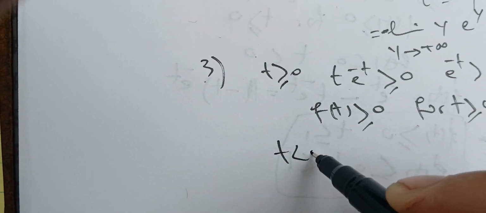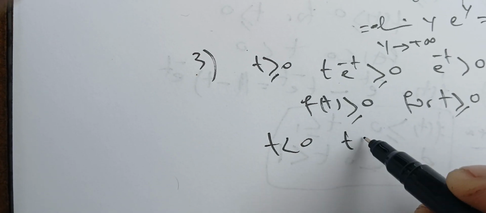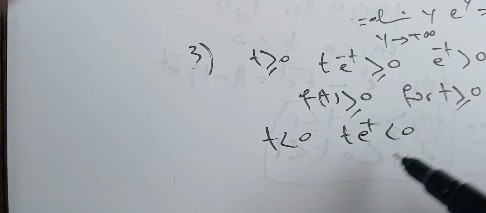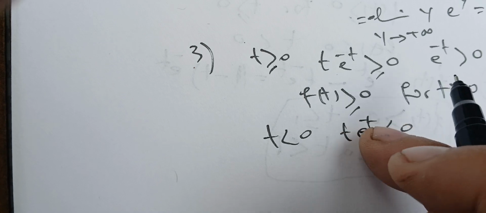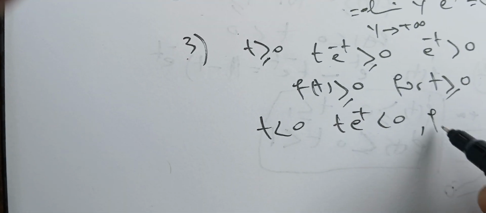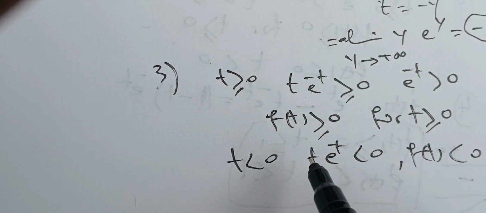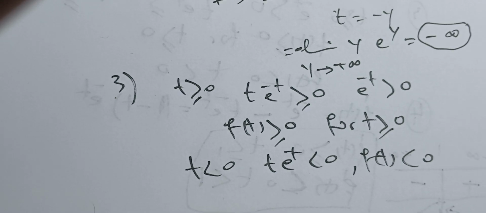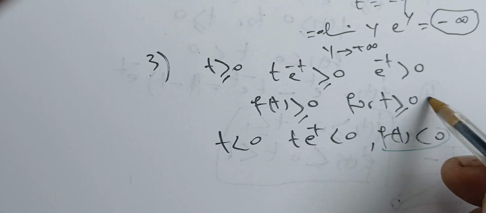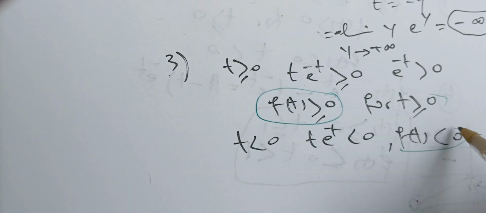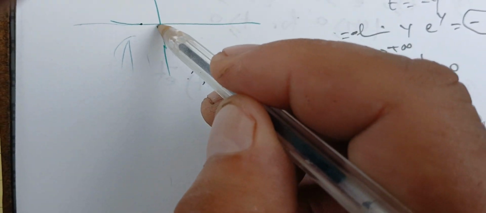Now, what happens when t is less than 0? t e to minus t is less than 0, because e to minus t is never 0. And therefore, f of t is less than 0. Why do we need this? This is going to help us because when the function is less than 0, it's going to be here for t less than 0. This is our t bigger than 0.